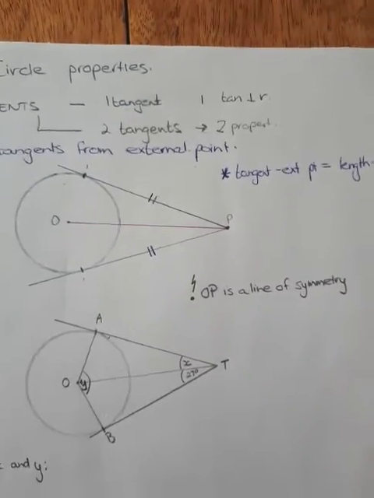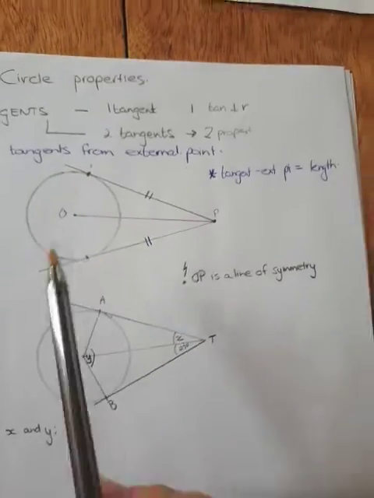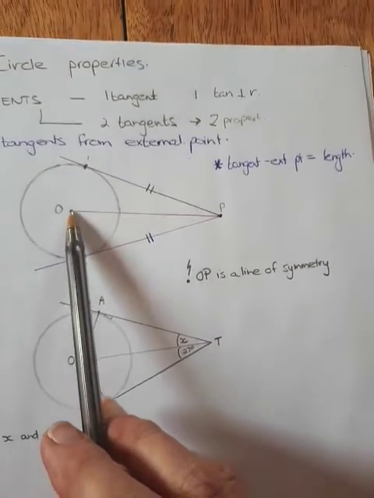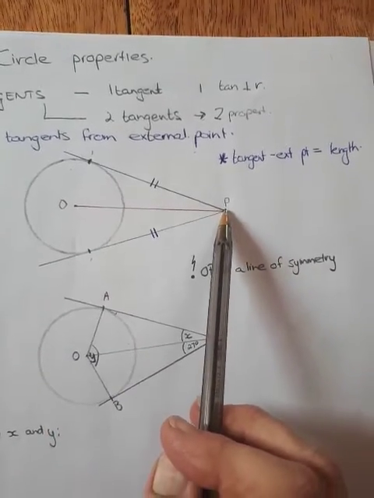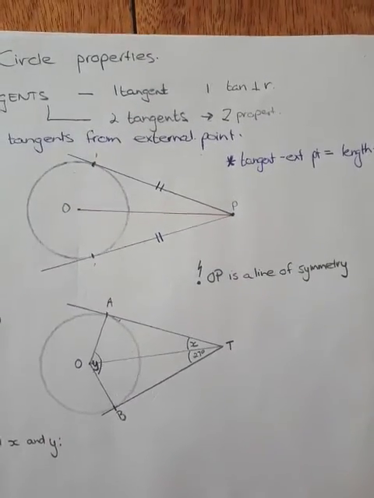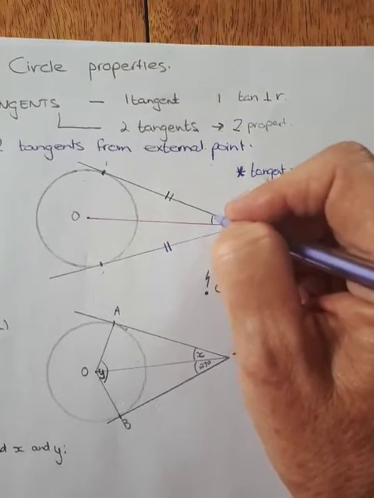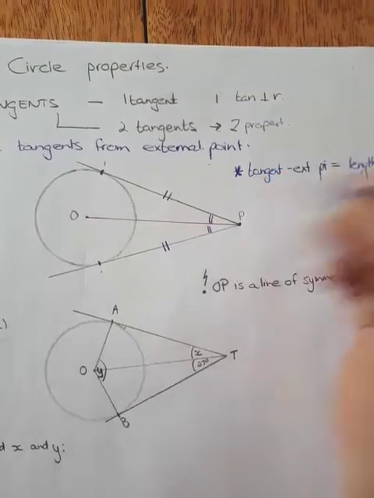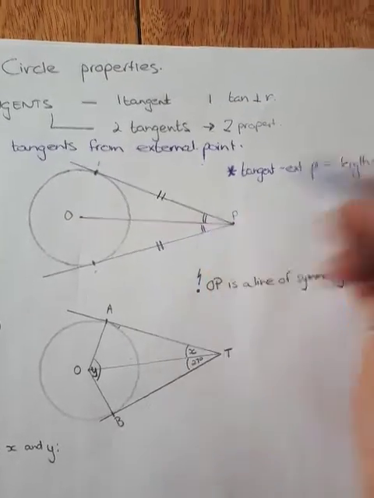Then the second property is the following. A line that joins the center of the circle to the external point will divide, or bisect, the angle at the external point. So this angle is equal to that angle.